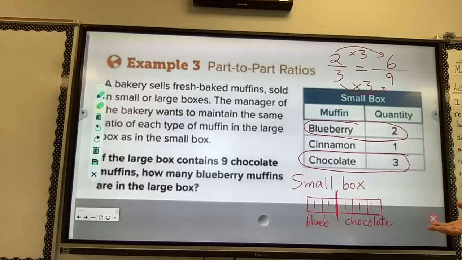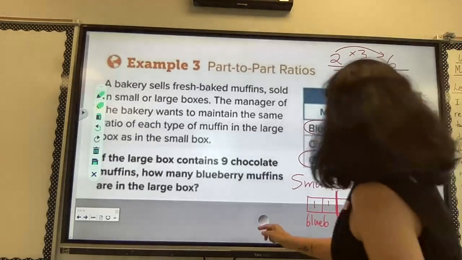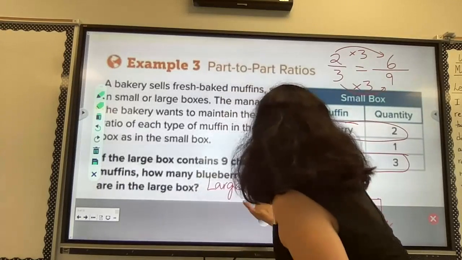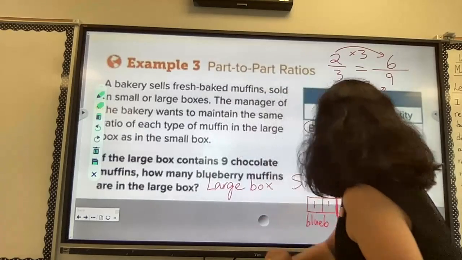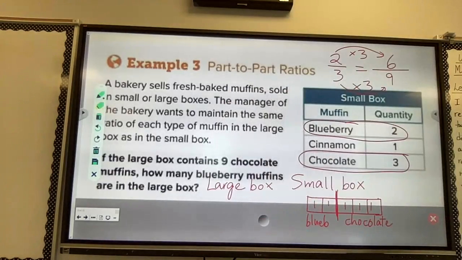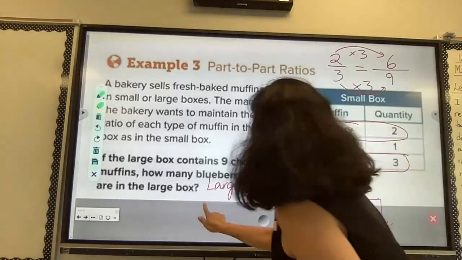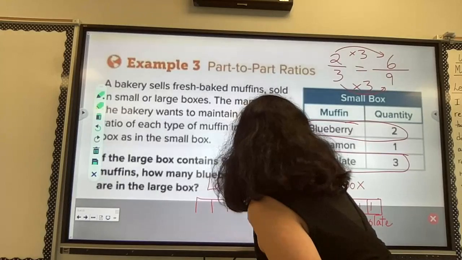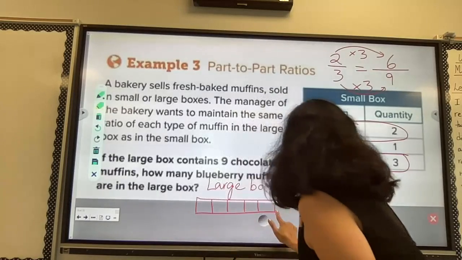So if I was making a bar diagram in this case, I would just do the large box, and then again I would have my 5 parts. 1, 2, 5 parts.